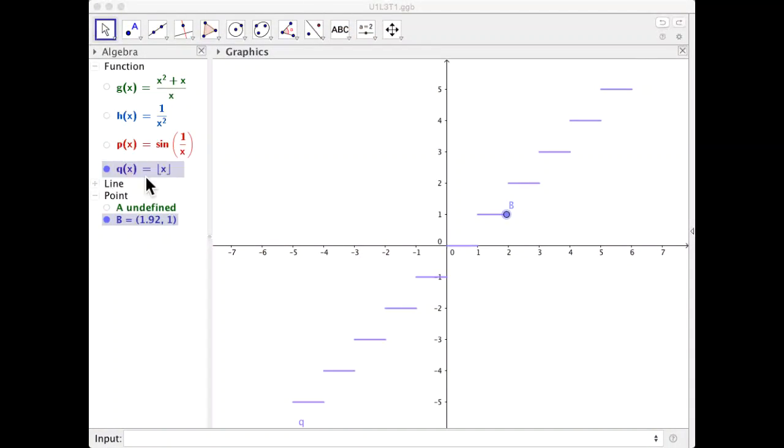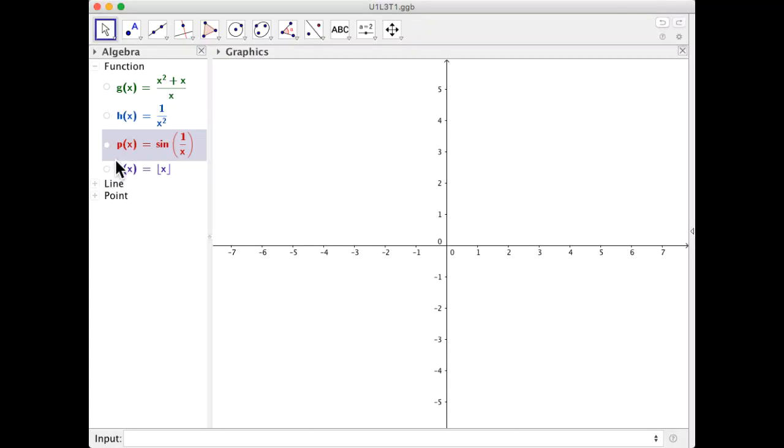Okay, last but not least, this one might be my favorite just because it's so outrageous. Let's get rid of those points there. This is the graph of sine of 1 over x. And just as you probably would have expected, we can't divide by 0. So expect something weird to happen around 0.